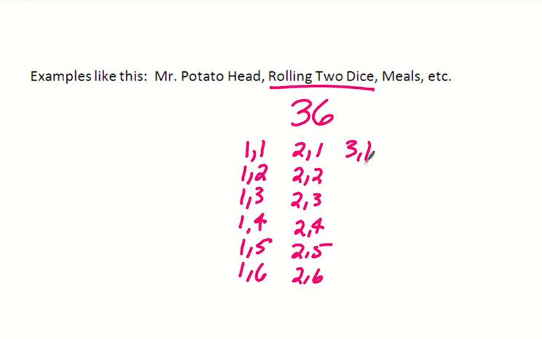Meals, let's say you went to some weirdo buffet or something, or maybe a wedding reception, where you could choose between 2 different entrees and 3 different appetizers, and you had your choice of 4 different beverages, and desserts.